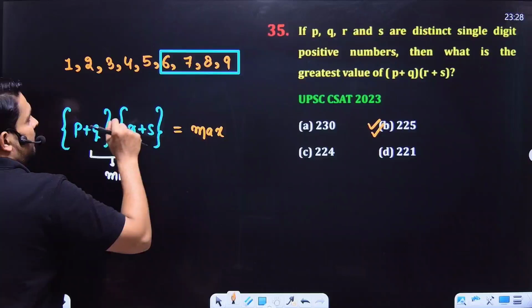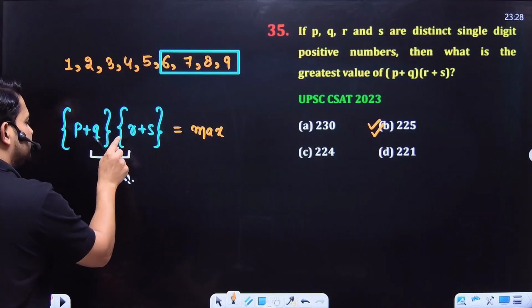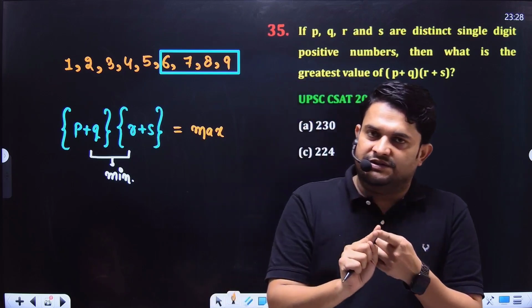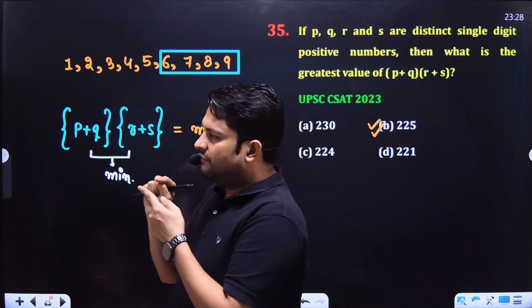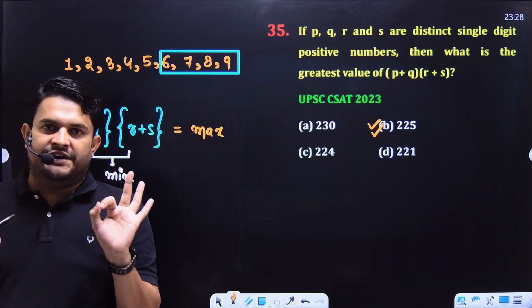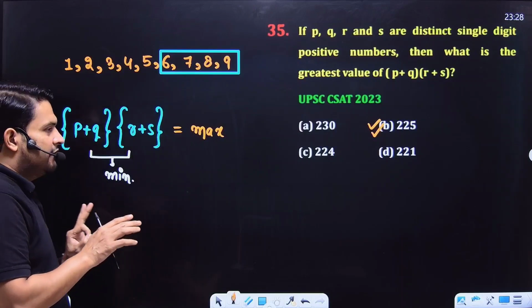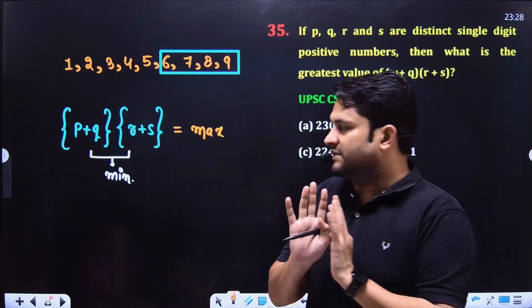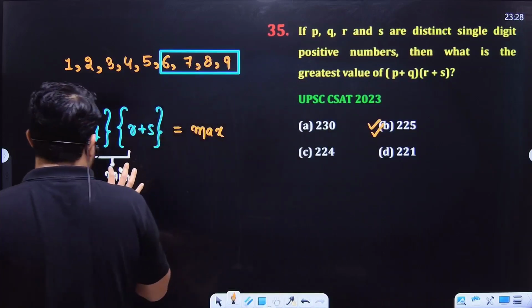If I write equal numbers here, the difference between two numbers will be minimum, and the value of that minimum is 0. We don't have a number less than 0 if you have to tell the difference between two numbers. So the minimum difference is equal to 0.